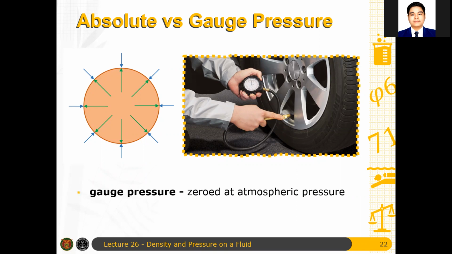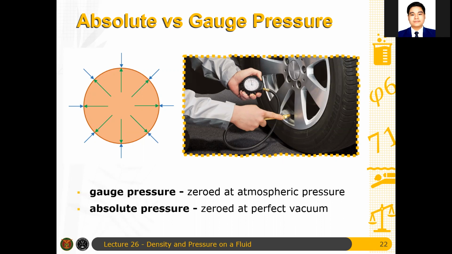That is why it is called absolute pressure: the atmospheric pressure is included. However, for gauge pressure, the atmospheric pressure contribution is zero, so it cancels out the atmospheric pressure. Hence, gauge pressure is zeroed at atmospheric pressure. Absolute pressure is zeroed at perfect vacuum, that is, if P equals zero. Of course, in a vacuum there is no pressure.